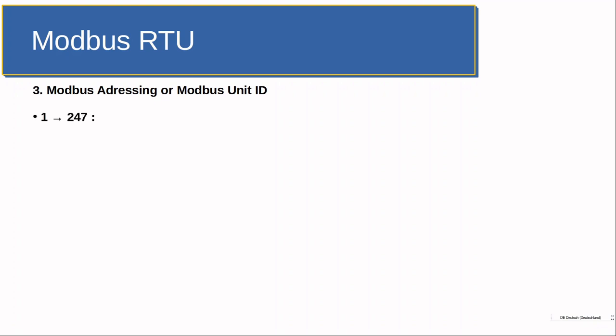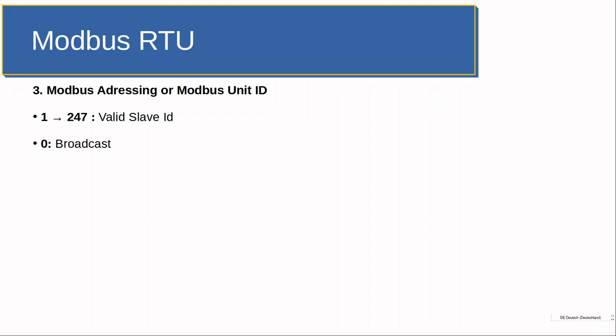From 1 to 247, those are valid addresses assigned to individual slave devices. And then you have 0, which is reserved for the broadcast address, so all devices can accept the command, but no device will send a response.